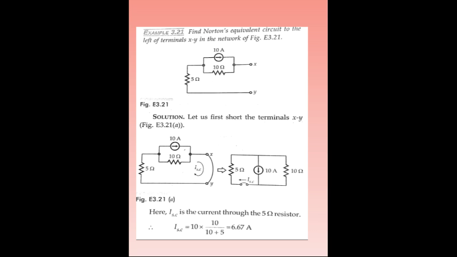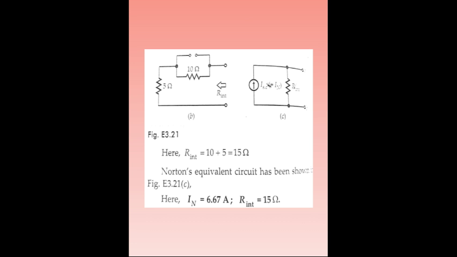Now in the next step we have to find Rn. To find the value of the internal resistance, we remove the current source from the network and its terminals are open as shown in the figure. Now Rn is the series combination of 5 ohm and 10 ohm.